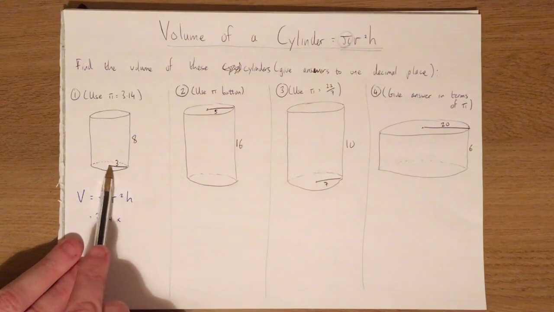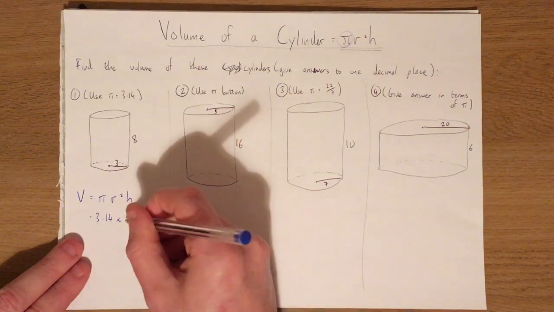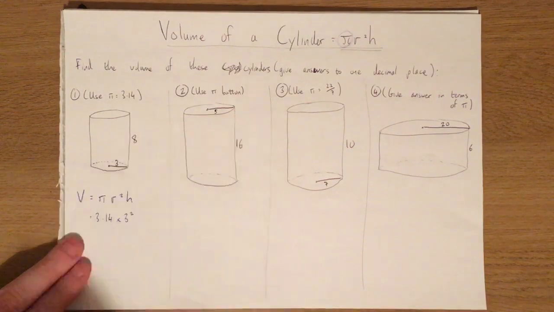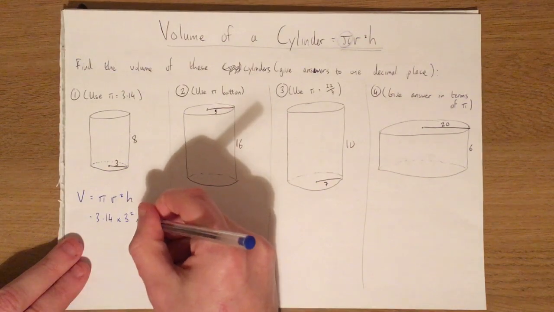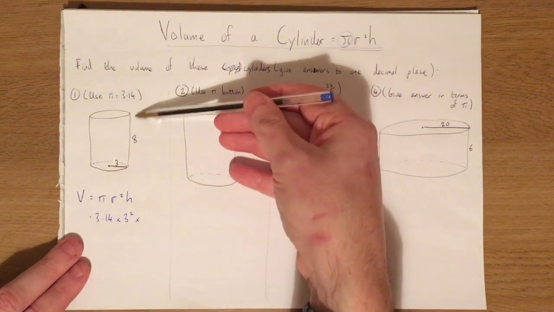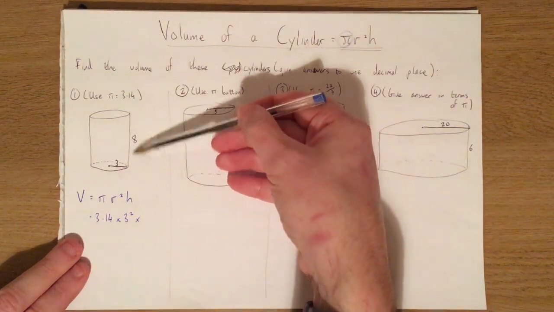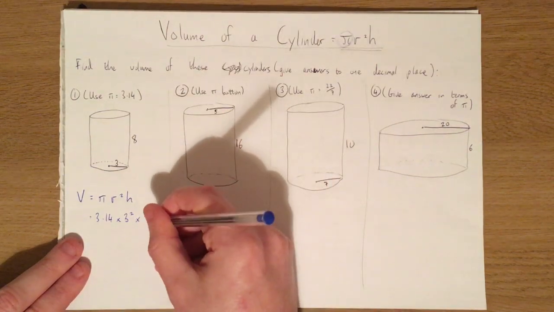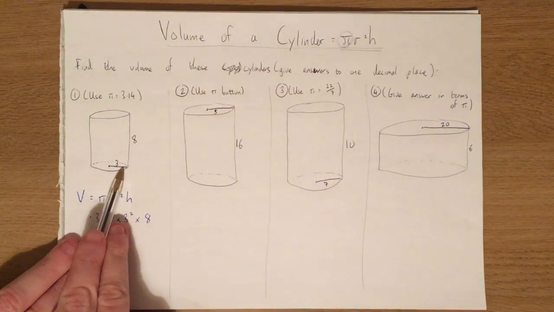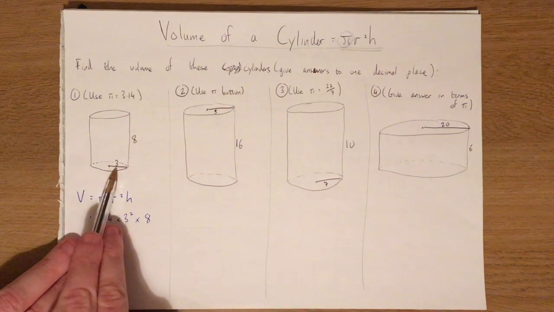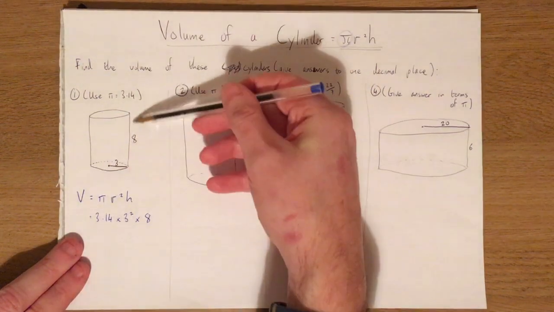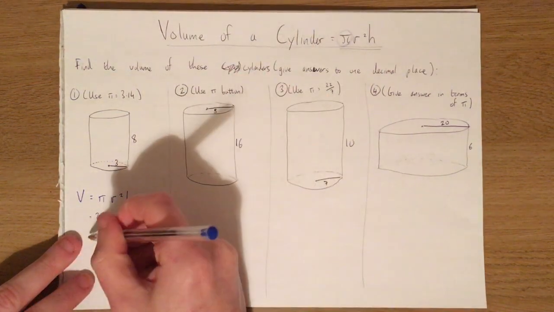The radius is marked in down here on this diagram on the bottom circle as being 3. So it's multiplied by 3 squared, multiplied by the height, which is marked in as 8. The radius is marked in on the bottom circle, so 3 squared, and the height is marked in on the side there.